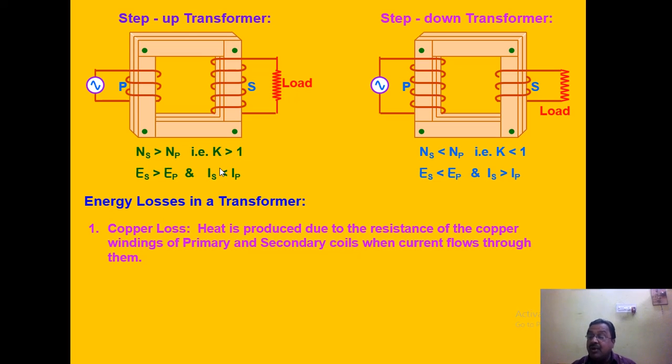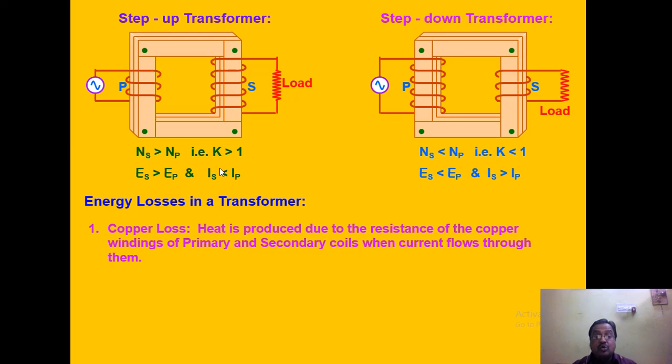Actually, this is nothing but the amount of energy lost due to production of heat when current flows through the primary and through the secondary coil. You know, primary and secondary coils are made up of copper. When current flows through it, as per the heating effect of current, heat will be produced.